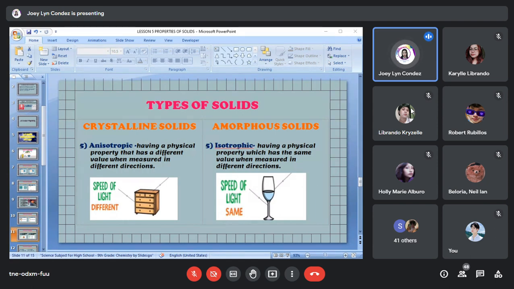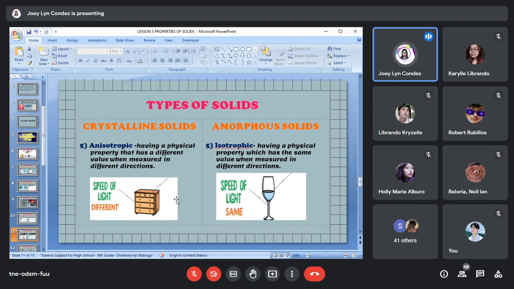But the value of the speed of light is the same. That's isotropic. Okay? Again, isotropic, they have the same value in different directions. Anisotropic, they have different values in different directions. So crystalline solids are anisotropic, while amorphous solids are isotropic.